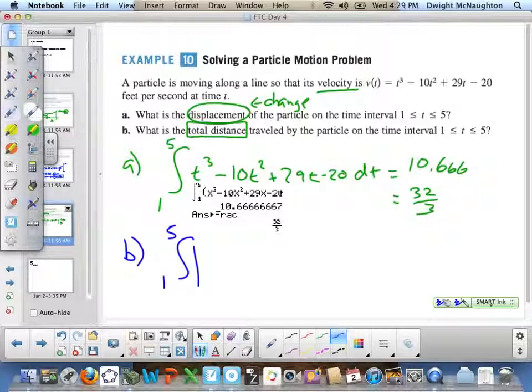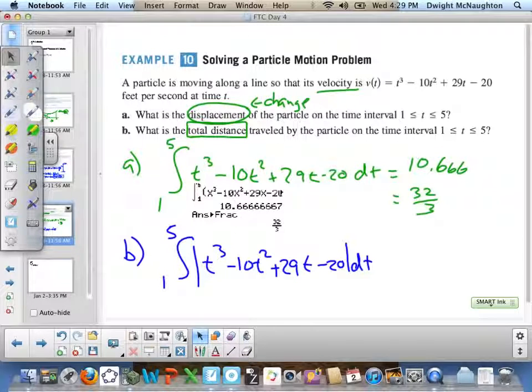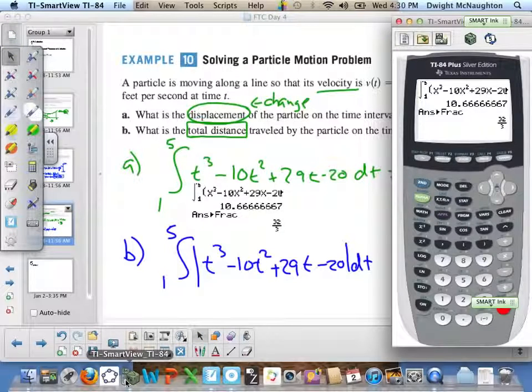So we're going to evaluate the antiderivative of the absolute value of t cubed minus 10t squared plus 29t minus 20 with respect to t from 1 to 5. So it's the same idea. We're doing the antiderivative of the rate, but here we're using the absolute value to override the backwards-forward nature of the fact that the velocity could be negative. So it's the same thing.